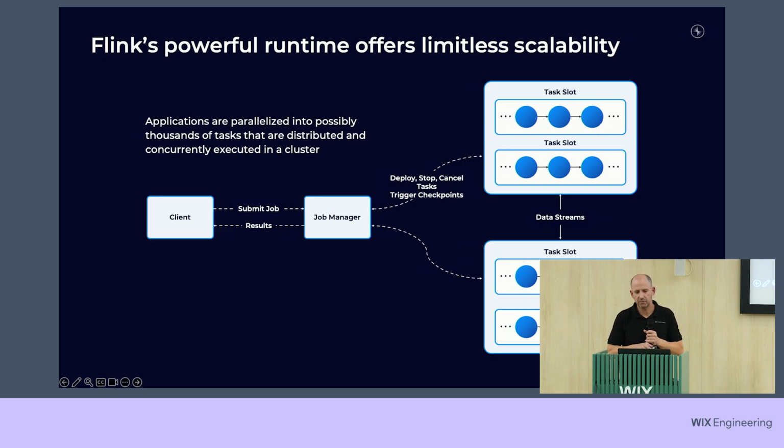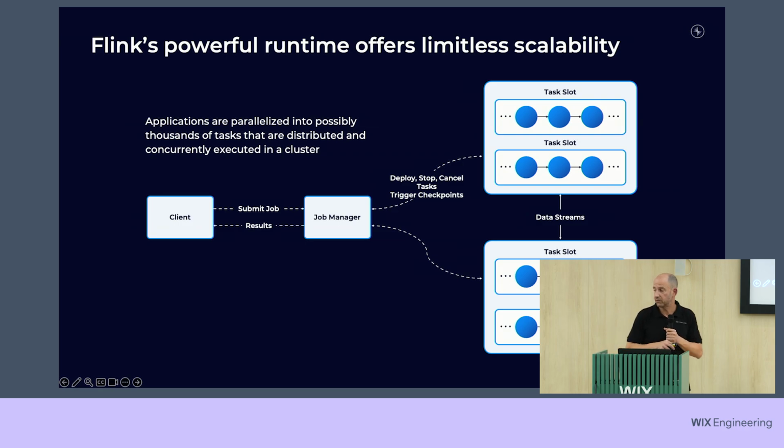Each of these tasks is distributed and executed concurrently across the cluster. Okay, there's actually a Flink cluster. This parallelism is managed by the Flink runtime, which allows scaling up and adding more machines to the cluster to increase the processing power. And we can see that we have a few components that actually take care of this. We have the job manager that coordinates the executions of the tasks across the cluster.